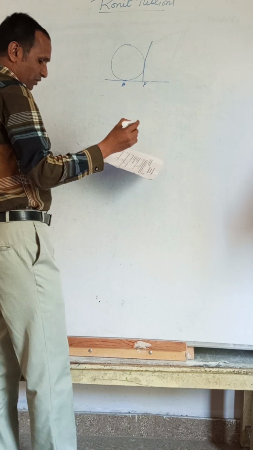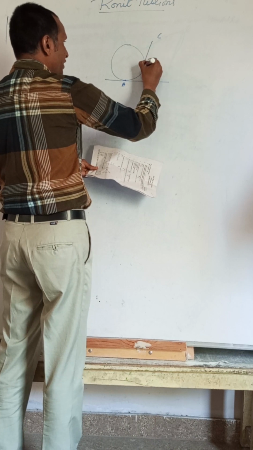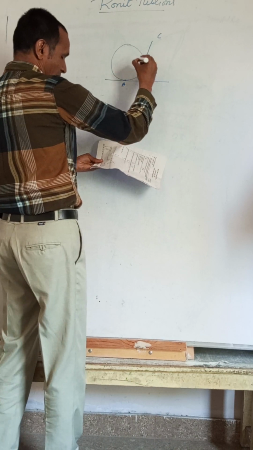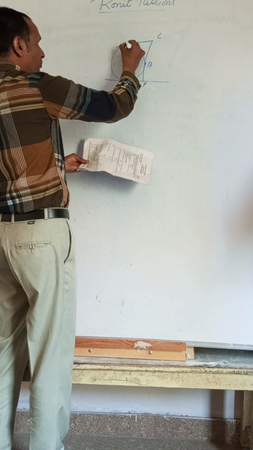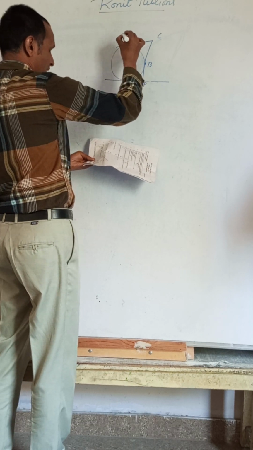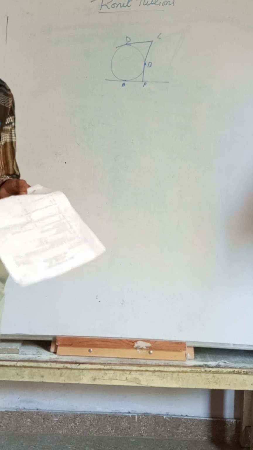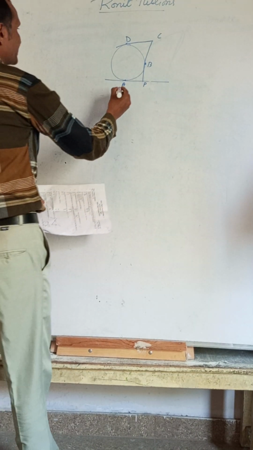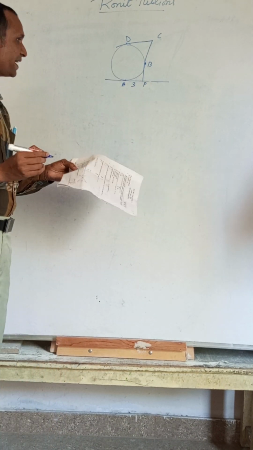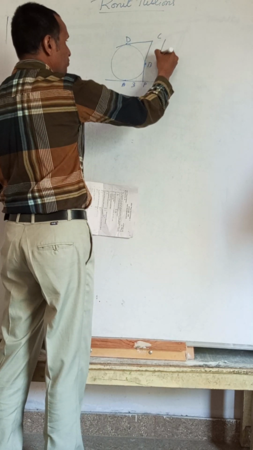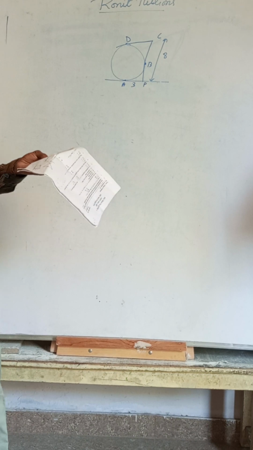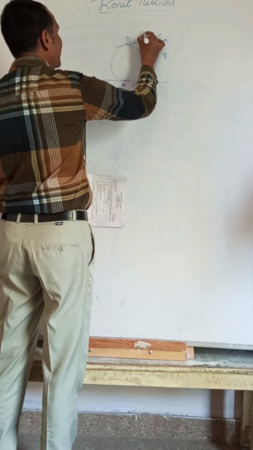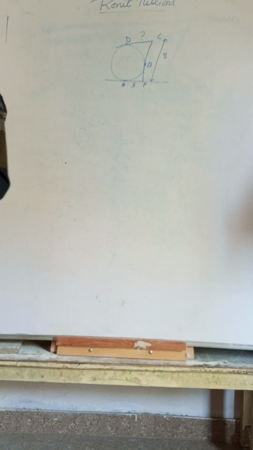Then it goes up to C, and its contact point is B. Another tangent to this side has contact point D. If AP is 3 centimeters and PC is 8 centimeters, then find CD. You are going to find CD.